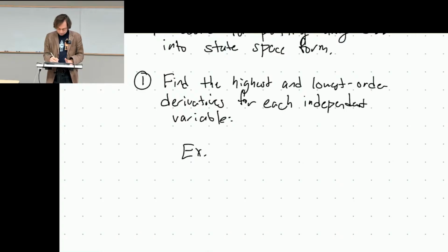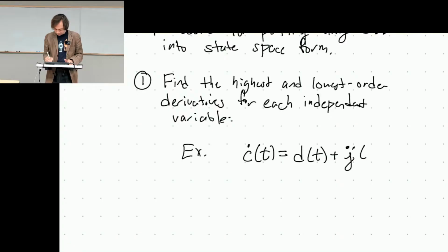But let's write, so we've got, someone pick a letter. Pick any letter. C, good choice. Let's say C dot of t. Someone pick another letter. D is equal to D of t. Pick another letter, please. J. Good choice. Plus J double dot of t. All right. I'm going to write another equation.